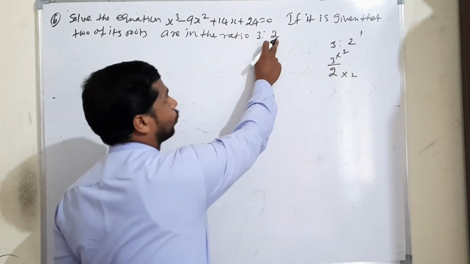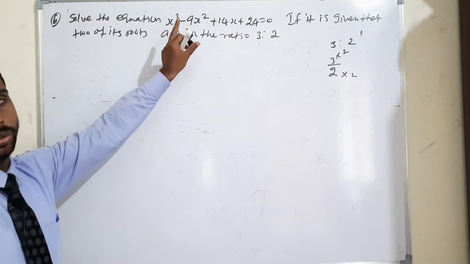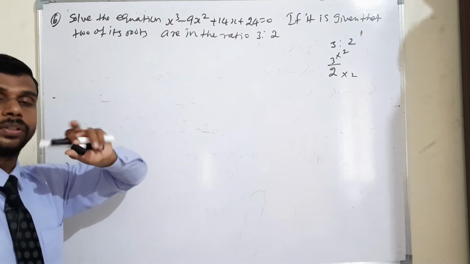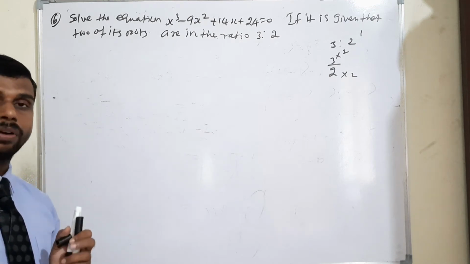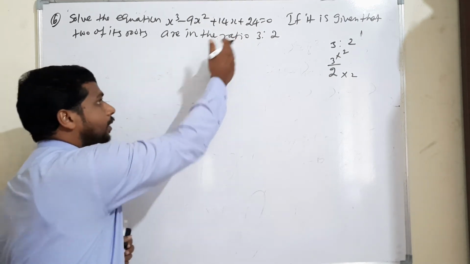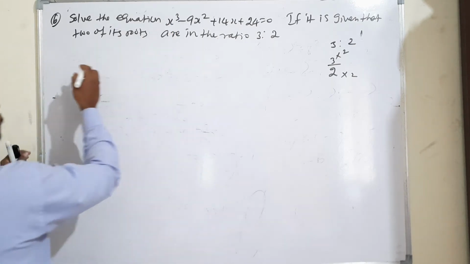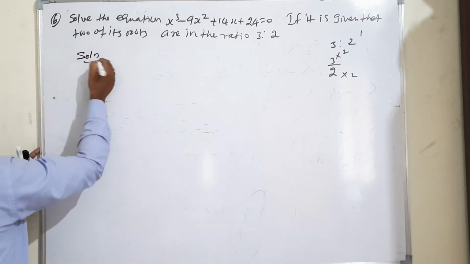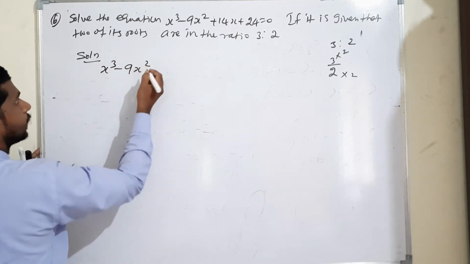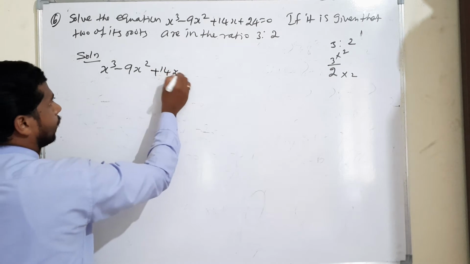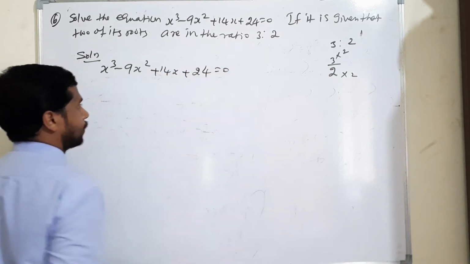Because the cube is there, we can consider three roots. If they are alpha, beta and gamma, then instead of alpha and beta take the ratio as 3k and 2k, and gamma as it is. The solution: x cube minus 9x square plus 14x plus 24 is equal to 0.